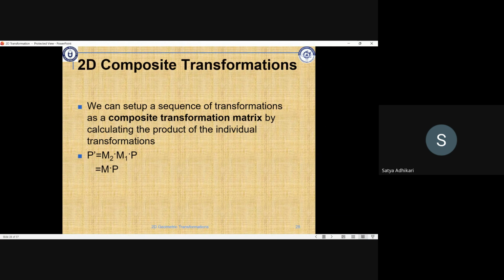This is written as M dot P or M into P. What is M? M is the product of M2 and M1.